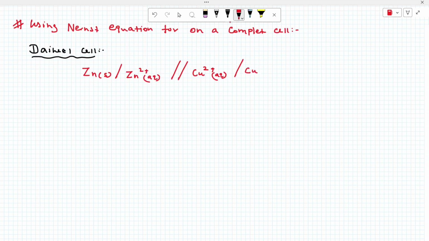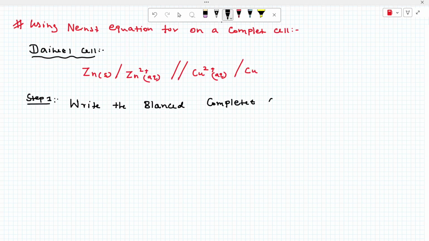Listen, if you want to write the Nernst equation for the complete cell, complete reaction, step number 1. What is the first step? We have to know. First, write the balanced complete cell reaction.